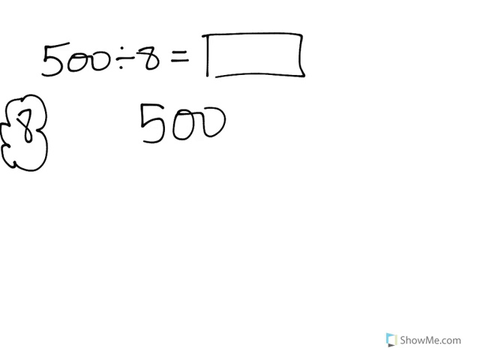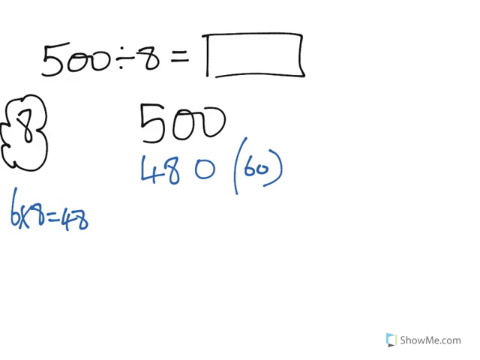We've got 8 in the bubble, which means that we use our 8 times tables to get rid of as large a multiple of 8 from 500 as possible. Now, if you go through your 8 times tables, 8, 16, 24, 32, 40, 48, I can use that 6 times 8 being 48 to get rid of 480. And if I put in the brackets, it's the fact that I'm using 60 lots of 8, and remember that I add the numbers in the brackets up to make my answer, then I'm well on my way to the division.